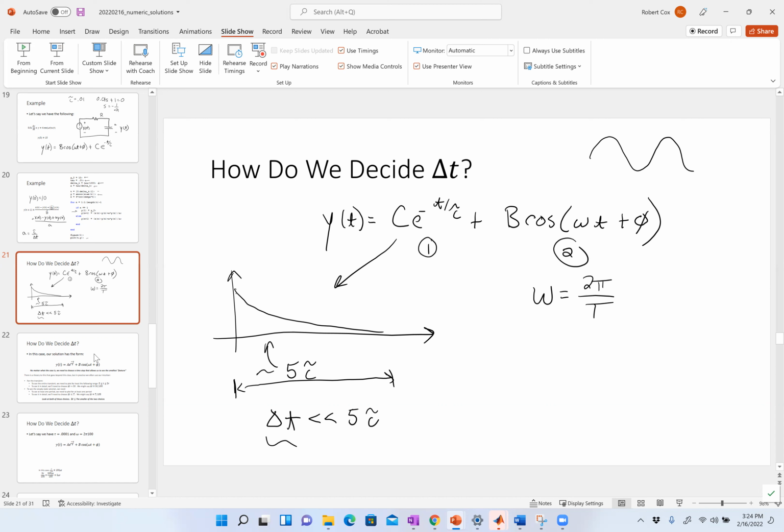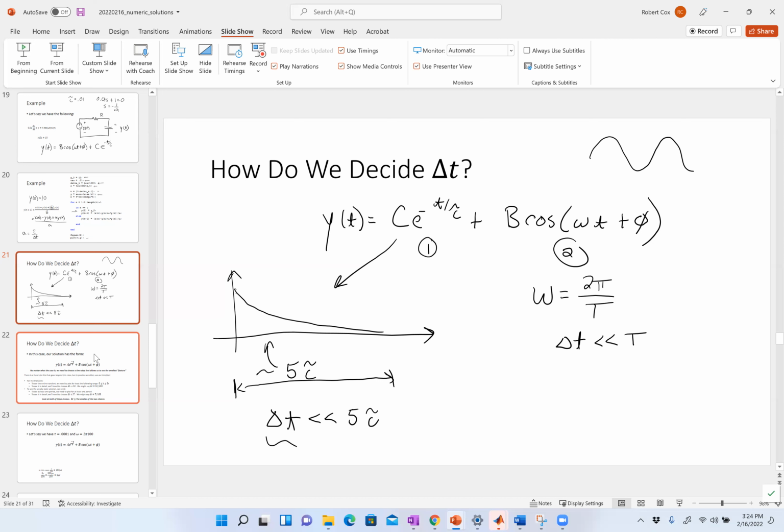And if I want to be able to see that waveform clearly, right? What I've kind of always been saying is that if I choose a delta t, a time step that is much, much smaller than T, then I probably have enough points that it's going to look accurate.